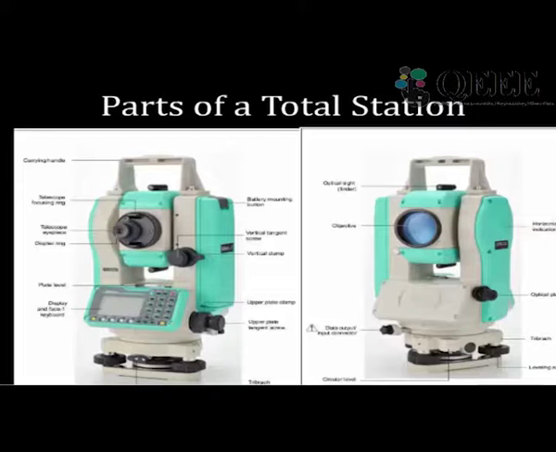You have a plate level to ensure the instrument is in a leveled position. Here you will be having the tribrach. The tribrach has the leveling adjustment screws to ensure that the instrument is positioned level. And here you can see the objective to focus on the object. This looks like an electronic theodolite, but it also has the electronic distance measurement unit within it.